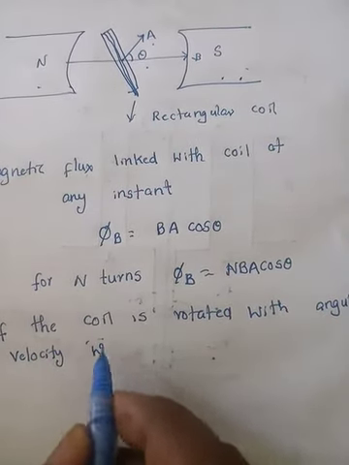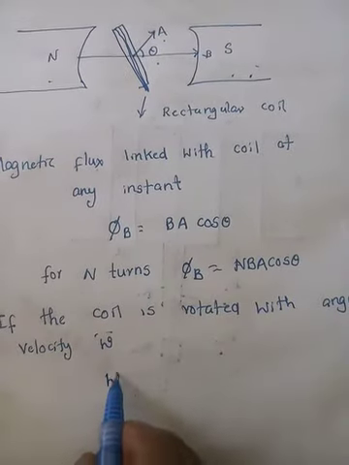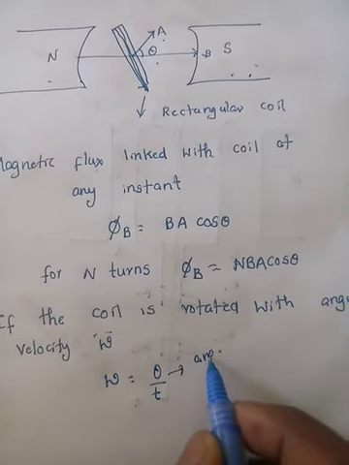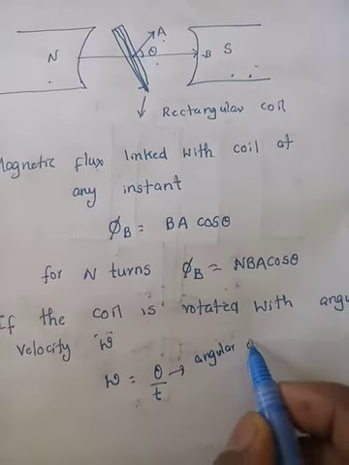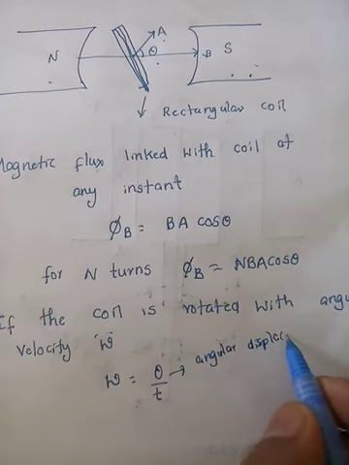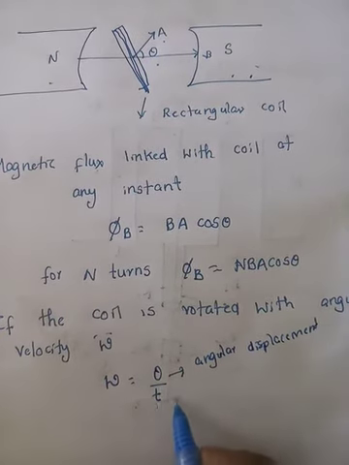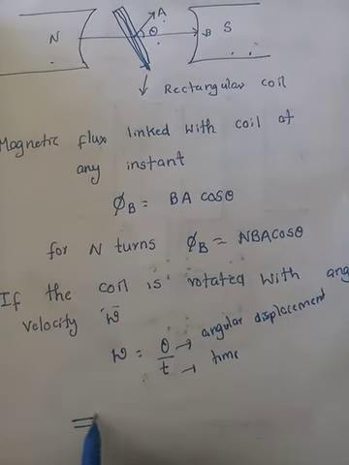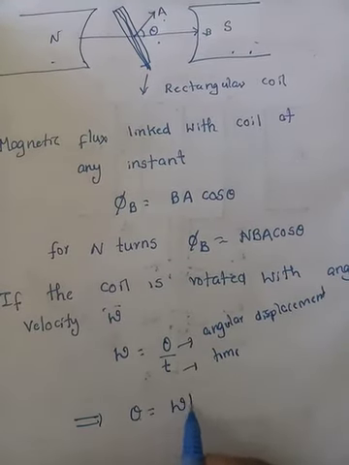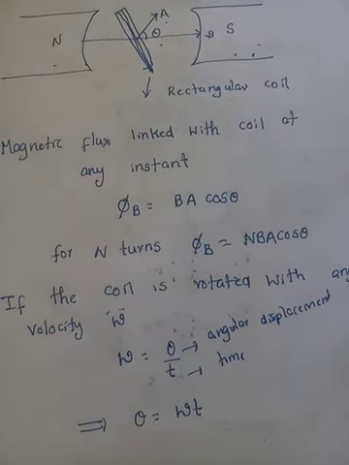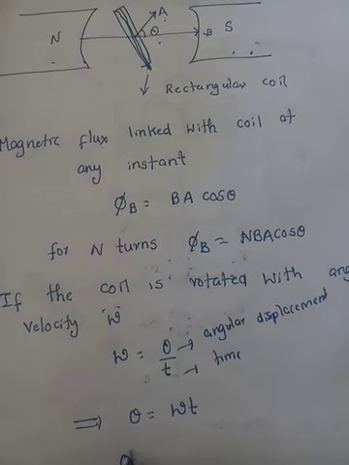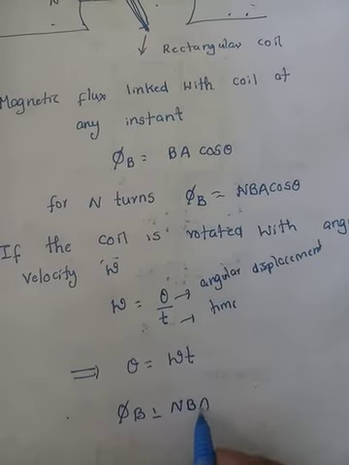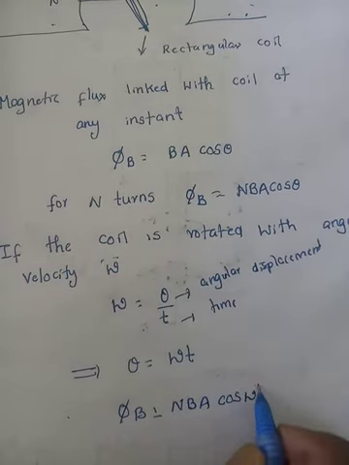If the coil is rotated with angular velocity omega, then omega is angular displacement by time taken. Theta is the angular displacement, t is the time taken. From this, theta equals omega t. So, we can substitute in the magnetic flux, therefore Phi B equals N B A cos omega t.